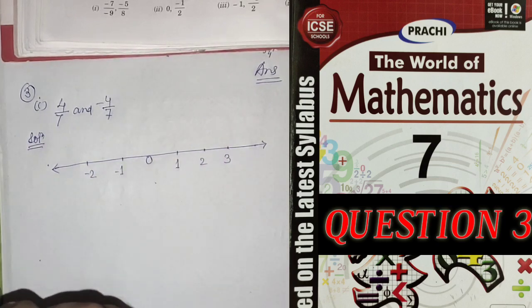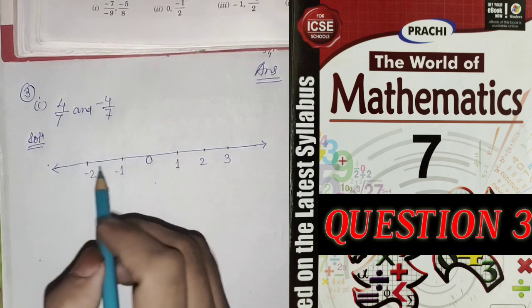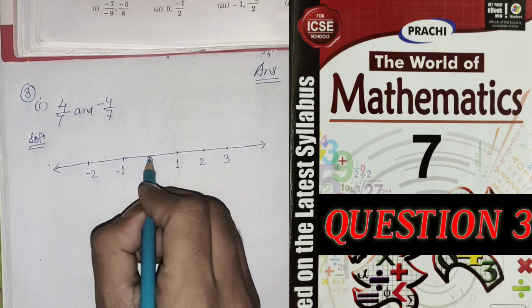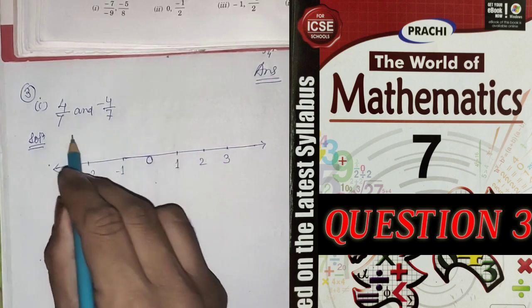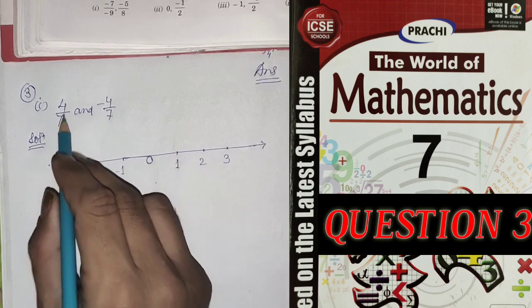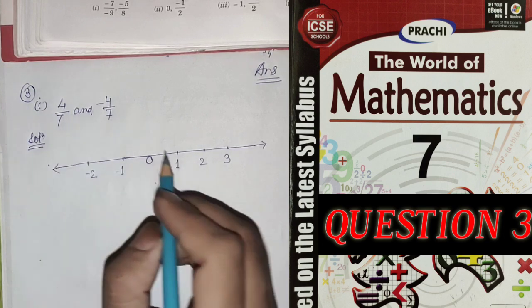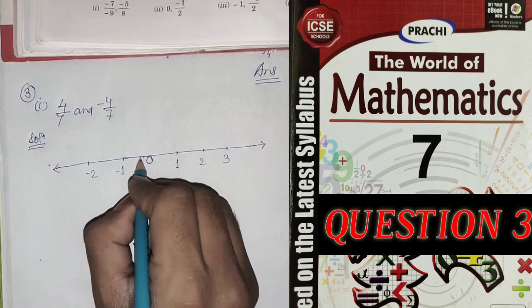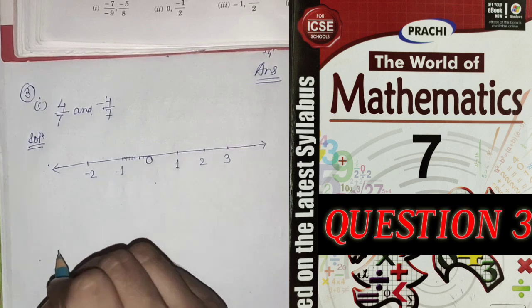Let's see minus 4 by 7 and 4 by 7. 4 by 7 will be inside this, between 0 and 1. It is less than 1, so it will be on this side. To mark the point 4 by 7, we have to divide this line into 7 parts. Divide this: 1 2 3 4 5 6 and 7.